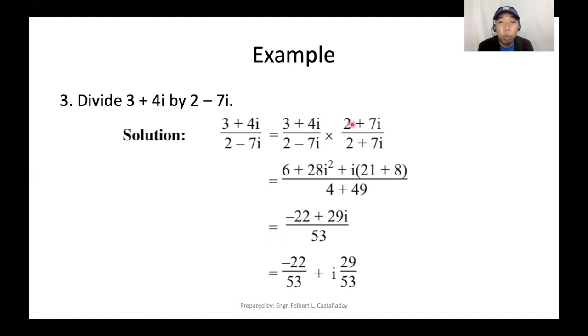So 4 times 2 is 8, 3 times 7 is 21, and 21 plus 8 is positive 29. Tapos lagay mo na lang yung i. And then, you divide each term by 53, itong sum of the squares of the real numbers. So negative 22 over 53 plus 29 over 53i. If you can still simplify this, you must write your simplified answer.